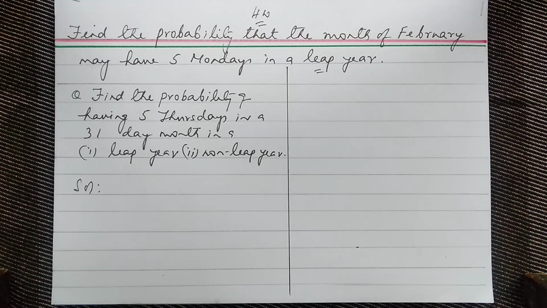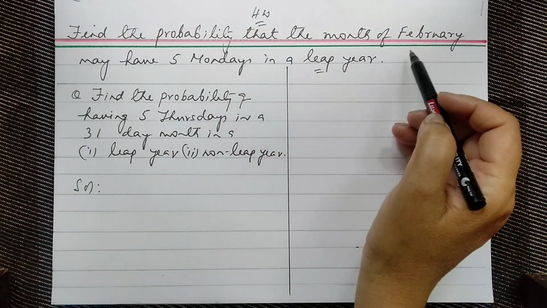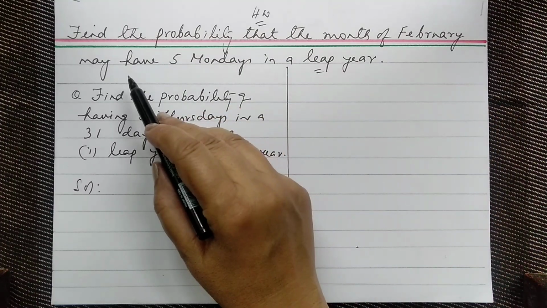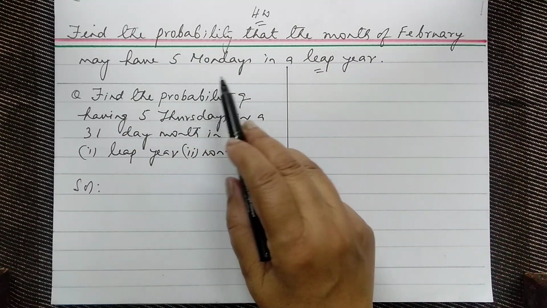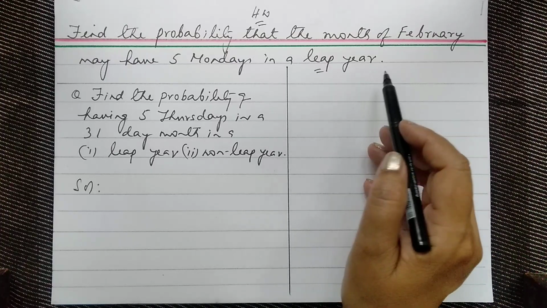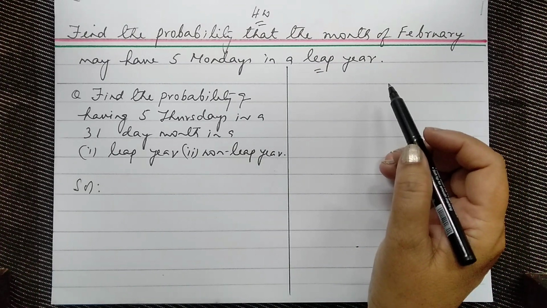So here is the question set for homework, which you are supposed to be doing. Find the probability that the month of February may have 5 Mondays in a leap year. It's just one shot and you can do it, I am confident.